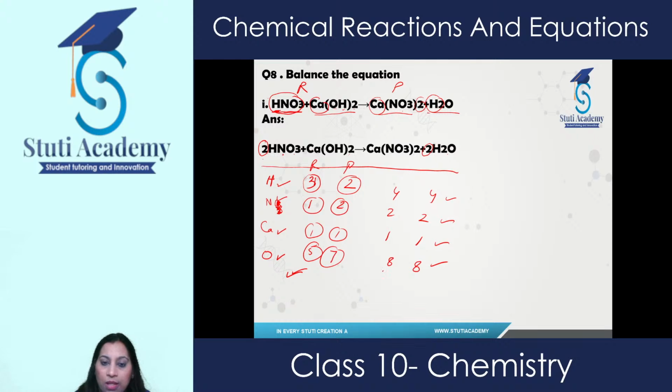That's why I have balanced oxygen first, then hydrogen, then nitrogen and calcium. So in this manner, now our equation is completely a balanced chemical equation. And children, please do practice balancing these chemical equations. The more you practice, the more you will learn.